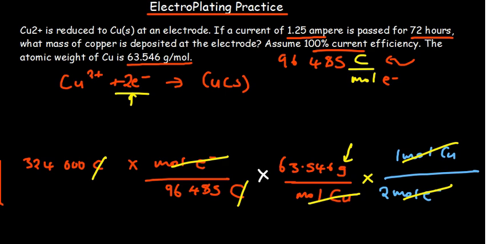On the bottom we've got Faraday's constant, 96,485, and then a 2 as well. So the value that I'm getting here is 106.7 grams. So that's the expected mass of what? Of copper to be produced. Okay? So with that understanding, we can now move on to the other part.